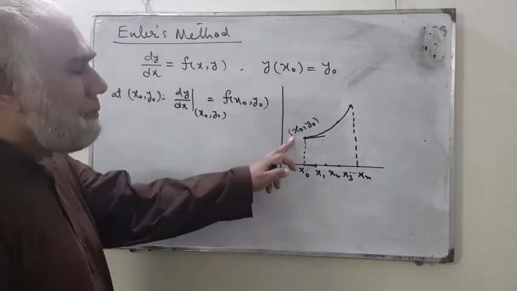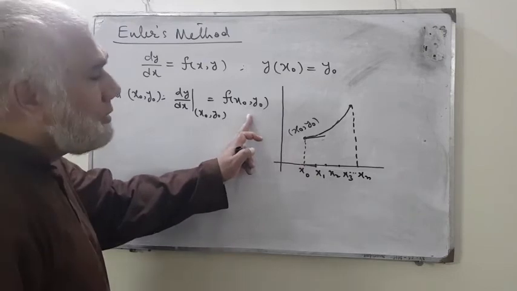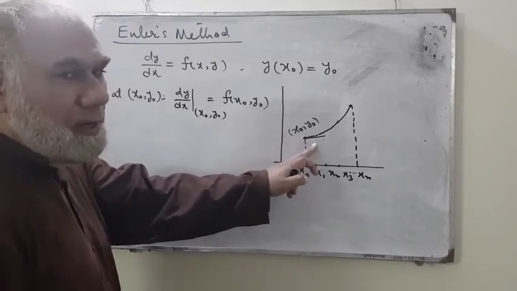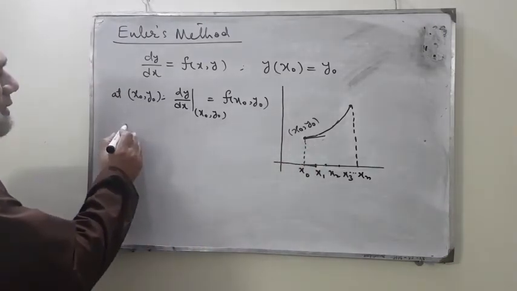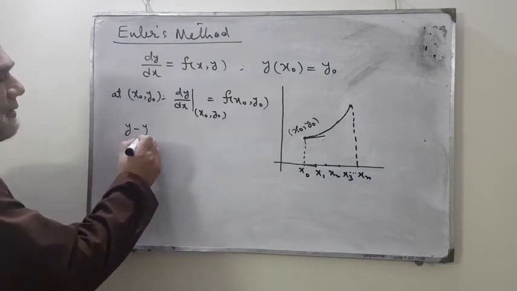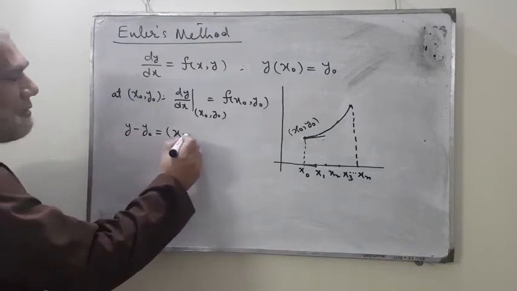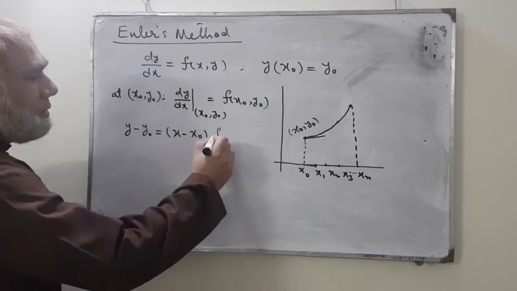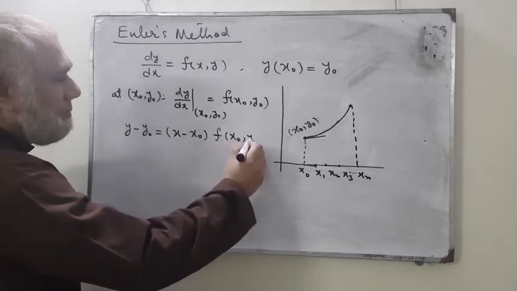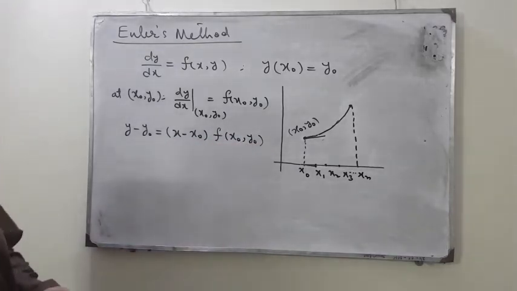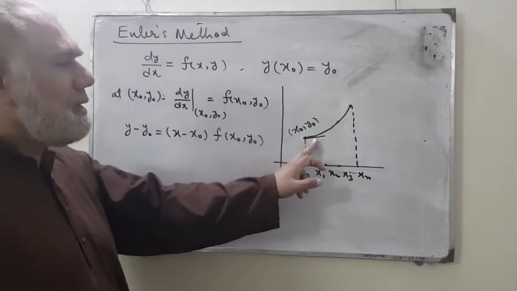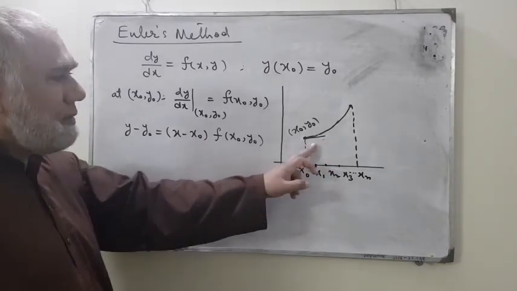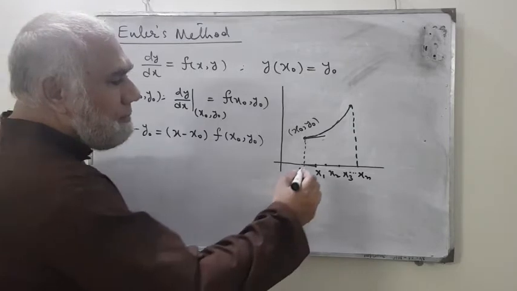So now we have the point as well as the slope, and we can write the equation of this tangent line: y minus y0 equals (x minus x0) times the slope, which is f(x0, y0).